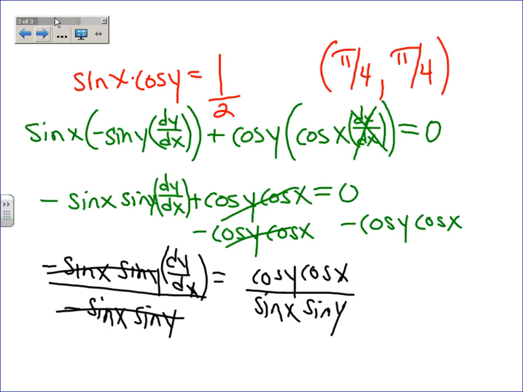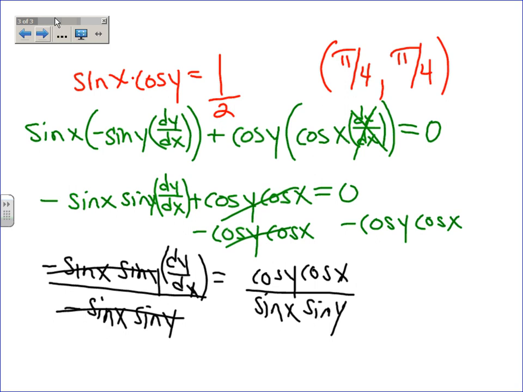So now if I had any x or y values, I could substitute them in. And we do. Pi over 4 and pi over 4. And what a nice place for me to choose. Unit circle.